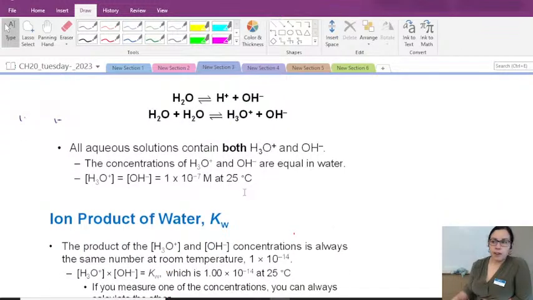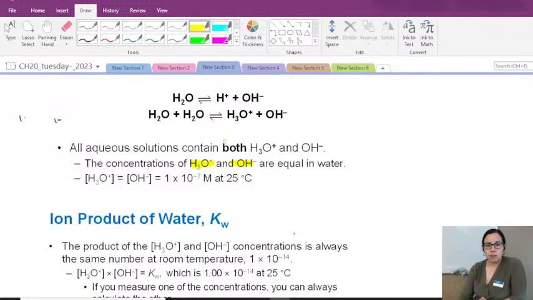And so what they found when researching this and trying to first figure out pH is they determined that neutral water has equal concentrations of hydronium and hydroxide. These are some key points.